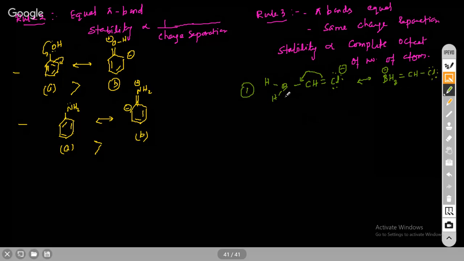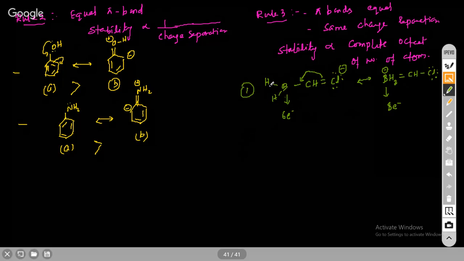Okay, so now in this one, if you see, carbon and chlorine have the same kind of bond. You see 8 electrons for chlorine, 8 electrons for carbon. For boron, there are 2 hydrogens, 2, 4 and 4 electrons here. So here we have 8 electrons for boron, but for boron here you see it has only 6 electrons.